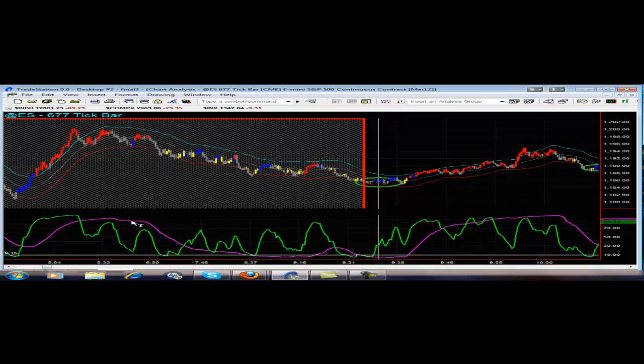What we're looking for in our rule set is the purple RSI to run down into the 10s, and then we're looking for a pullback of the green RSI into the purple RSI. So what we want is this kind of configuration right here. We want this kind of pattern.